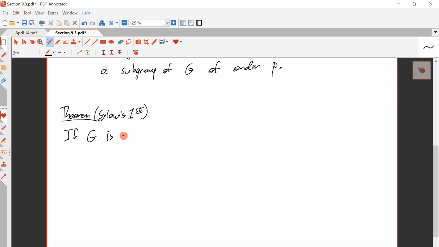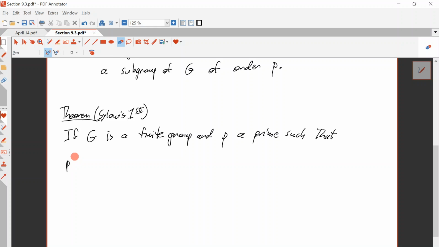If G is a finite group and P a prime such that P to the k divides the order of G. So not the prime, but prime to some power.